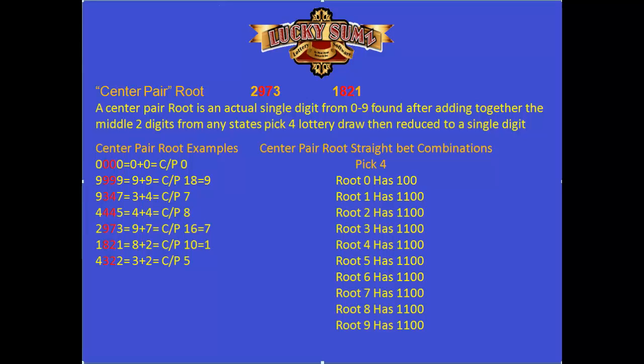And 4, 3, 2, 2 will give you a center pair of 5. Now, center pair roots reduce straight bet pick 4 combinations from 10,000 combinations to only 1,100 combinations for each individual root, except for root 0. Root 0 only has 100 combinations.